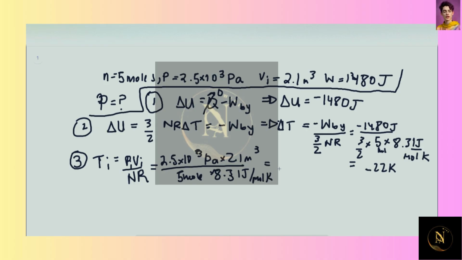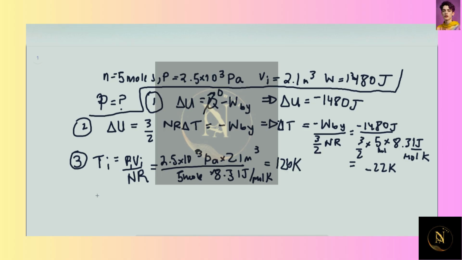Then you get 126 Kelvin, which is really low because room temperature is 273, but we can also recall that the pressure is actually quite low.